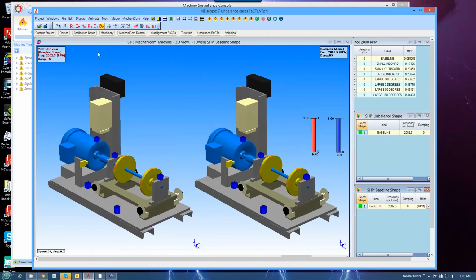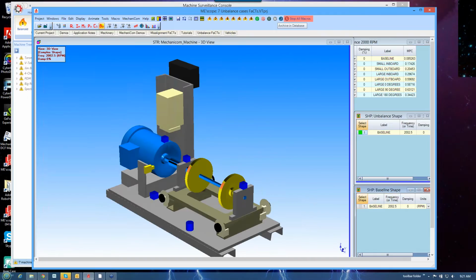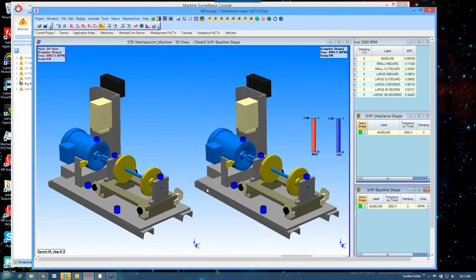So I'm set up with the database, and over here I want to push this button that says Archive in Database. So that's going to start Emiscope pushing its data, and the data we're looking at here is going to go into the database.